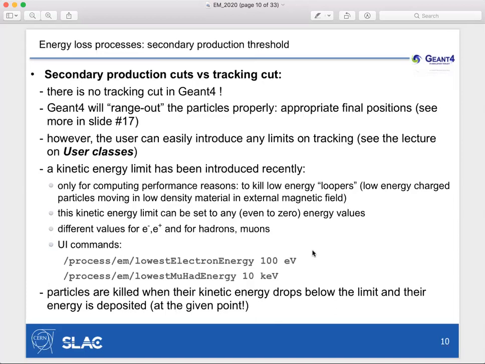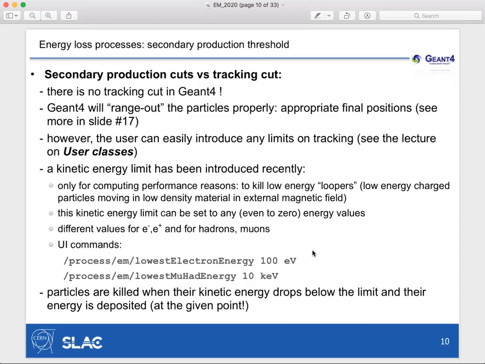However, this is usually a low energy maximum for electrons and positrons, maximum 1 kilo electron volt, this tracking cut in the reference physics list EM constructors, and there is a reason why it has been introduced.